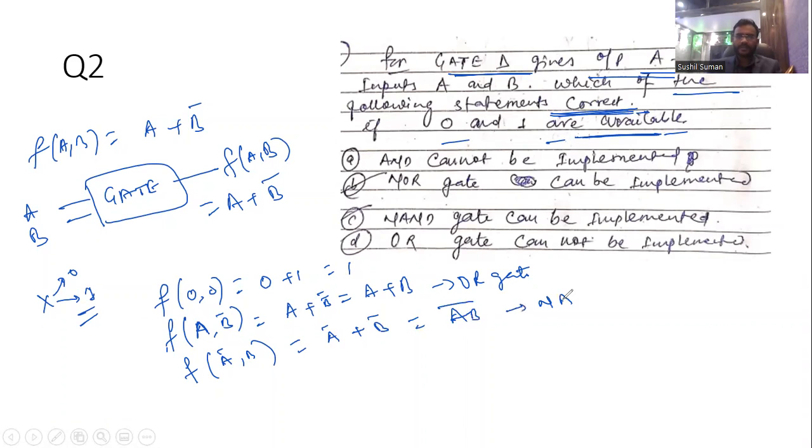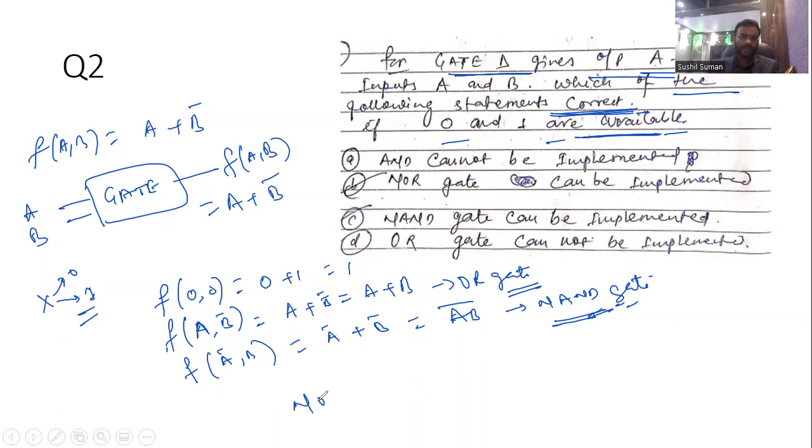This is your NAND gate. If you have the NAND gate, then you can easily get the NOR gate.